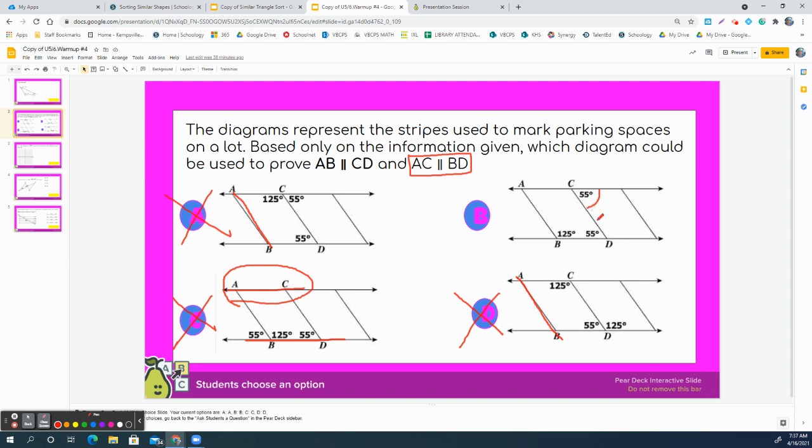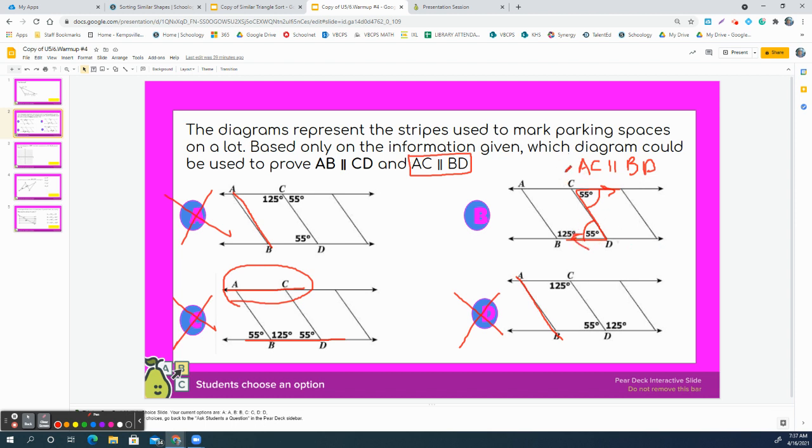Here, right, these are alternate interior. It makes the Z. So this red line proves AC is parallel to BD. Because of these alternate interior angles, these are the parallel lines.